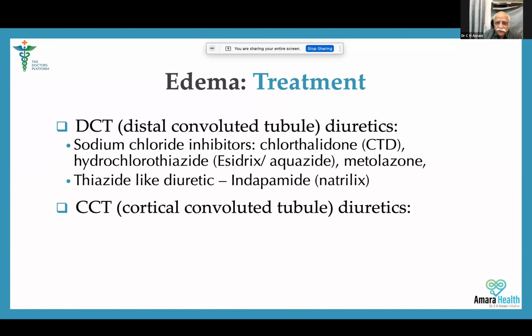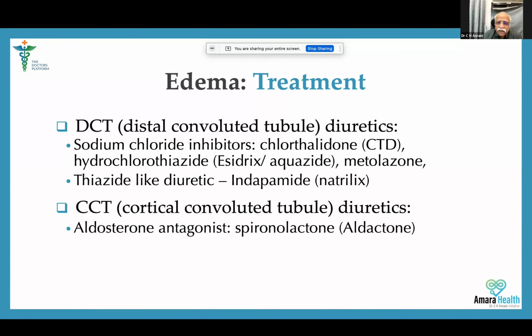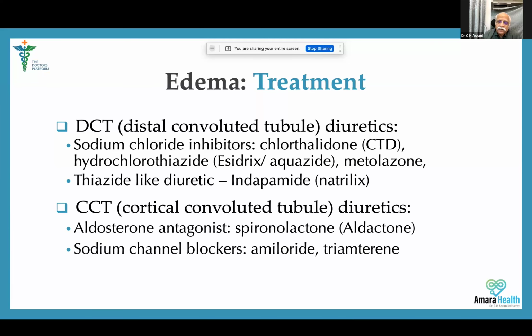And cortical convoluted tubule diuretics are aldactone. Aldactone is largely used in hepatic edema, not for other edemas. And amiloride, triamterene, we generally don't use much, sodium channel blockers.